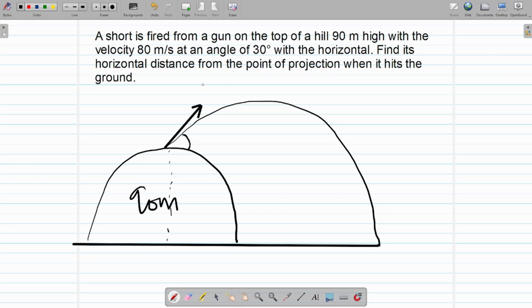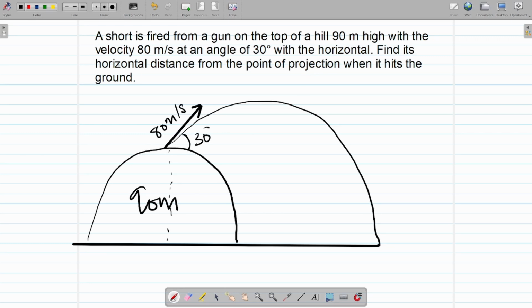All right, what do we do at this very point? We need to understand that this velocity here, as long as it was launched at an angle, has components in the x and y direction. But let's write it down here. We have our 80 meters per second, and the angle is 30 degrees.